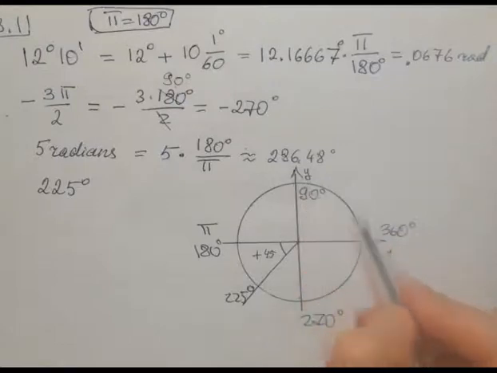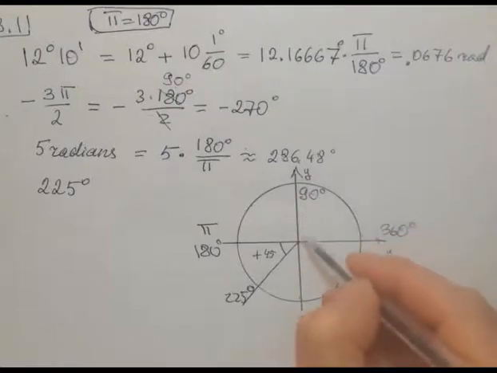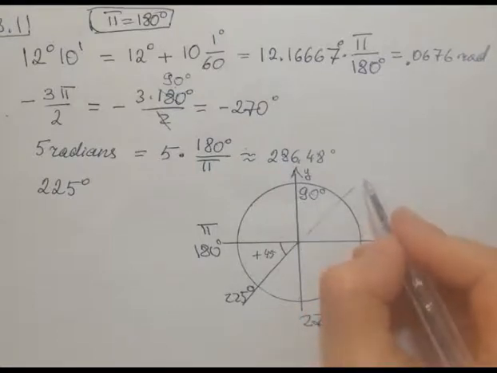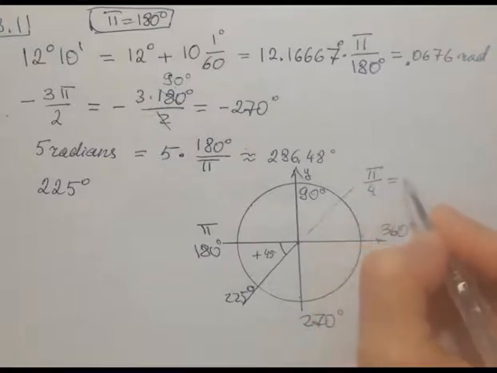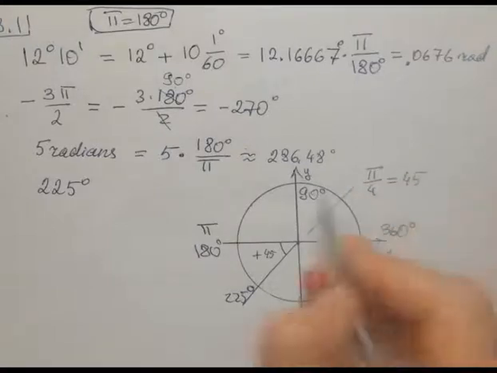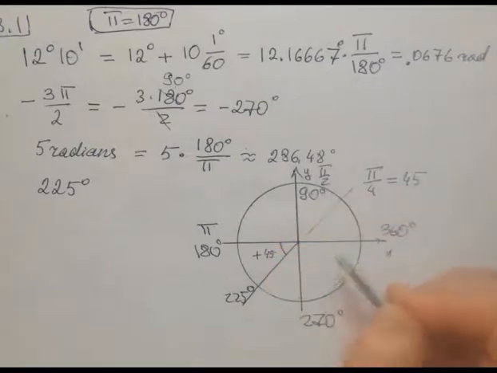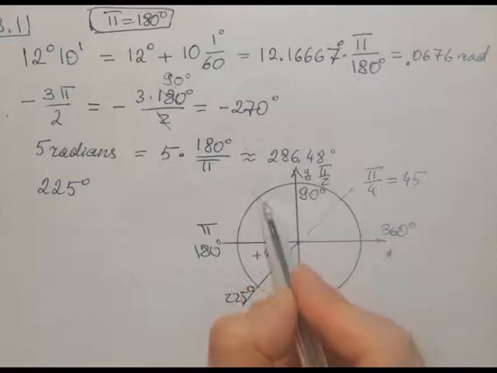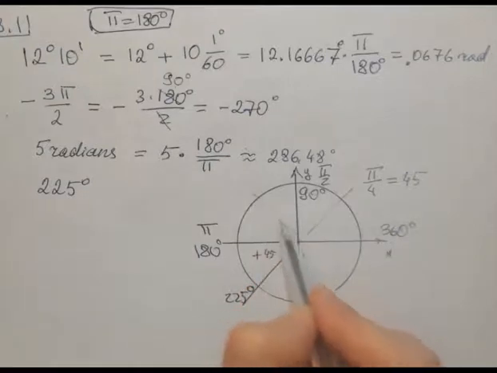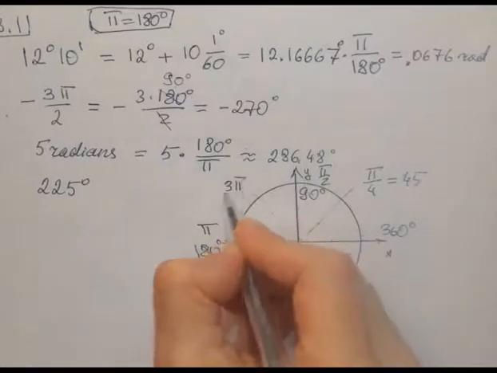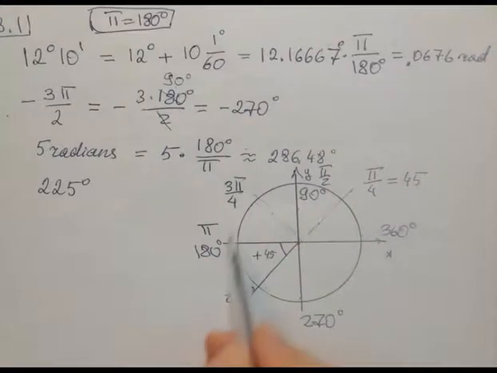One quadrant is 90 degrees. A half of the quadrant is 45 degrees, or pi over 4 radians. 90 degrees, or pi over 2 radians. Then the next quarter of the second quadrant will be 1, 2, 3 pi over 4.